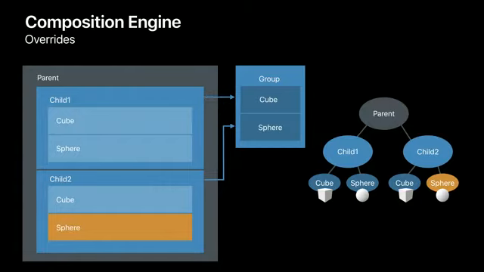For example, in this case, I overrode the second sphere's material color to yellow, without affecting the first sphere's material. You can also remove whole subtrees from your scene graph. And USD stores all of these edits as efficient overrides to the original data.